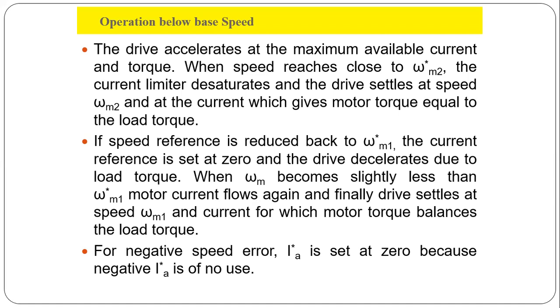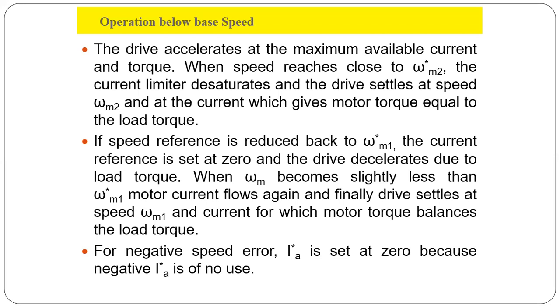When the speed is close to omega m2 star, the current limiter desaturates and the drive settles at speed omega m2 and at the current which gives motor torque equal to the load torque.